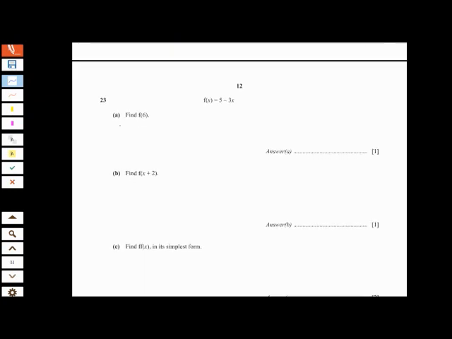So for this one, find f(6). 5 minus 3 times 6. That would equal -13. For this, find f(x plus 2). 5 minus 3(x plus 2).